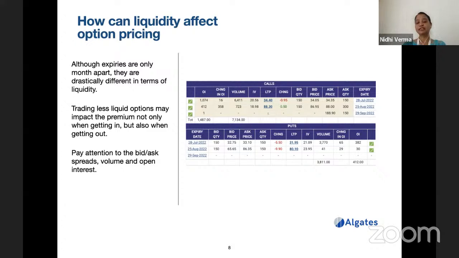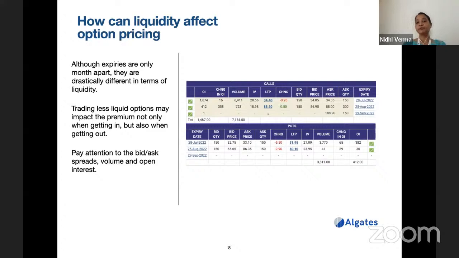And also you see the open interest, the OI, the first column. The open interest in the first expiry is more than 1,000, and the open interest in the next one is only 412. So how is it going to impact you? Now you have to see the difference between the bid and the ask price.